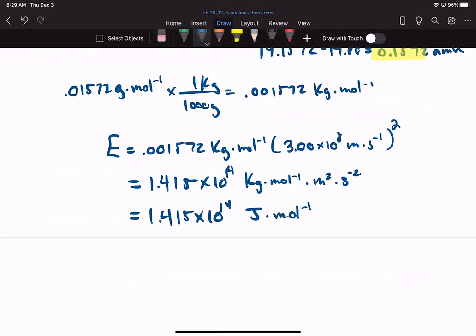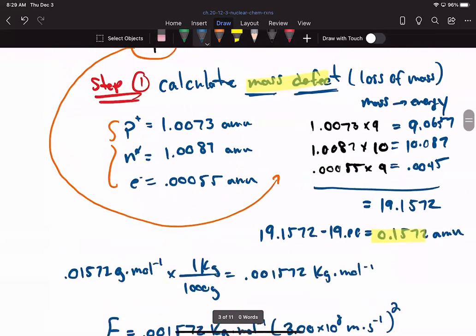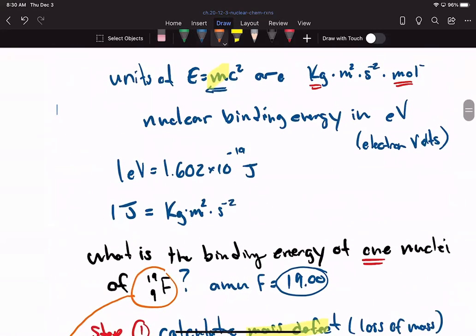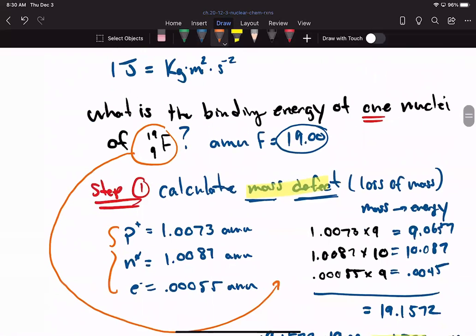But we're not quite done yet, right? We're not quite done yet because binding energy for one is in electron volts. And the question is asking us for one nucleus. Not for a nucleus in a mole of fluorine, but just simply one nucleus.